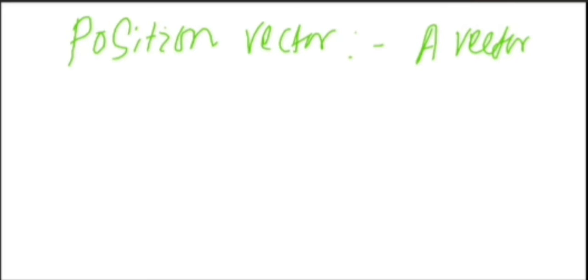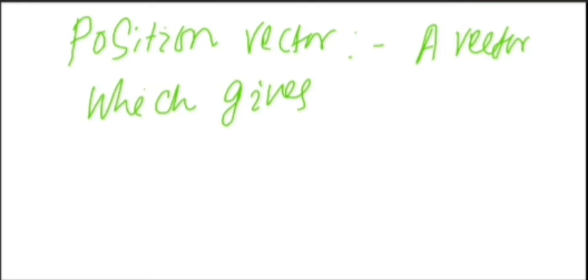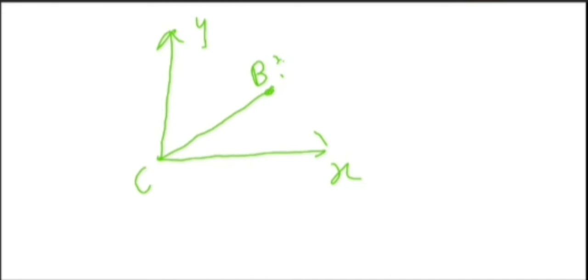Now discuss position vector. A vector which gives us an idea of the position of a particle from the origin is known as position vector. Suppose a particle is located in the xy plane 10 meter away from origin, at point B. O is the origin, and 10 meter is the straight distance of the particle from origin.